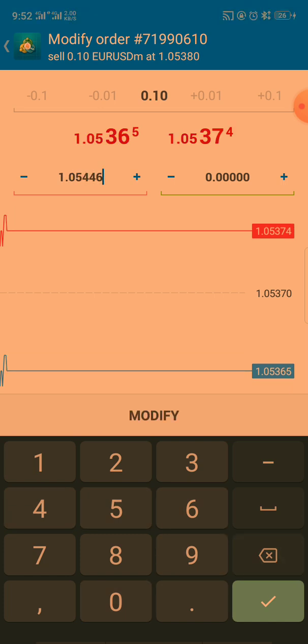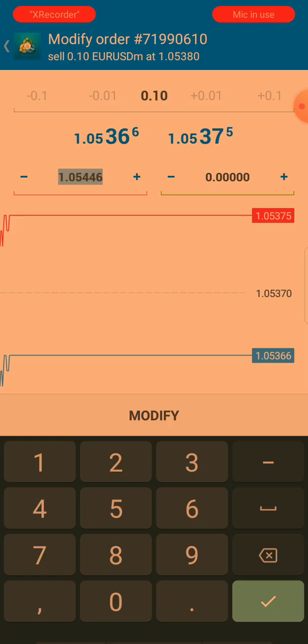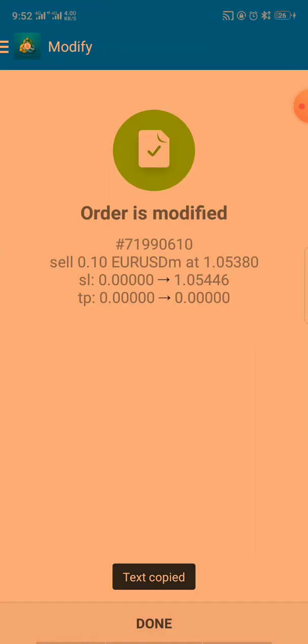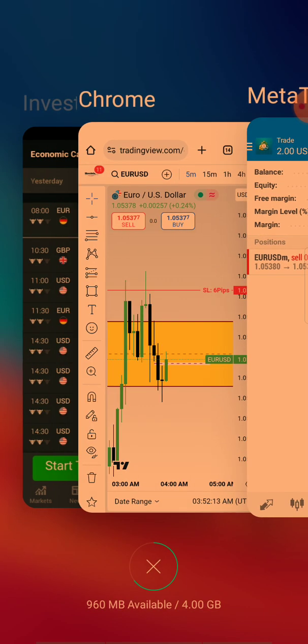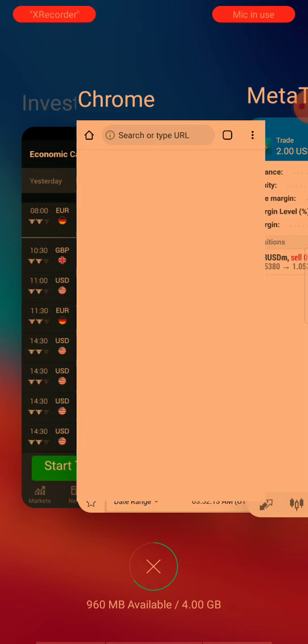That's my stop loss. So now I am in, and I'll set my stop loss. I'm going to set my TP now.